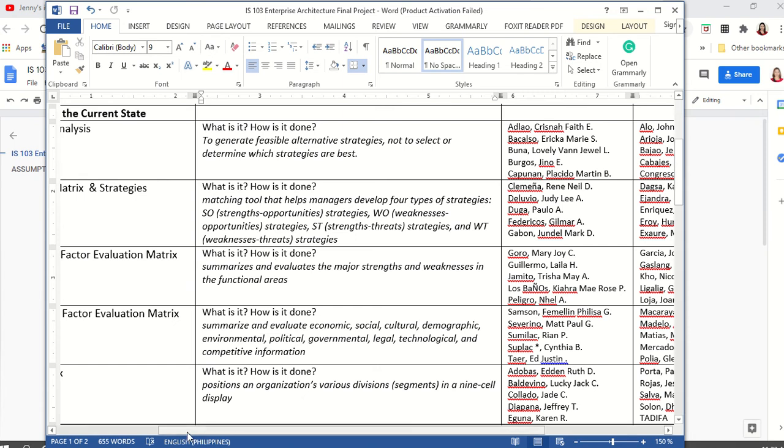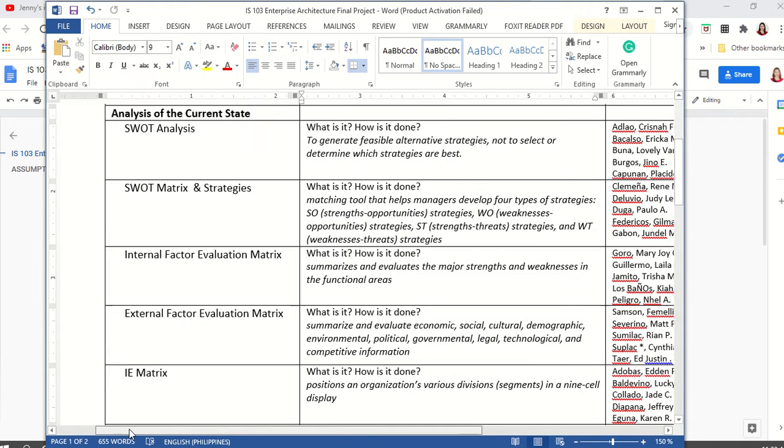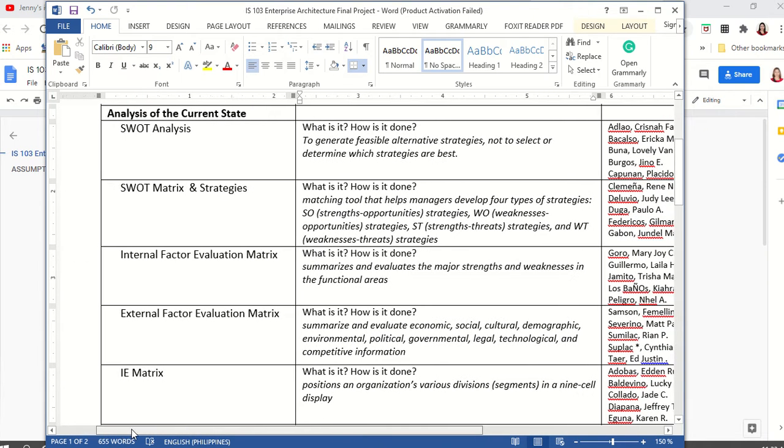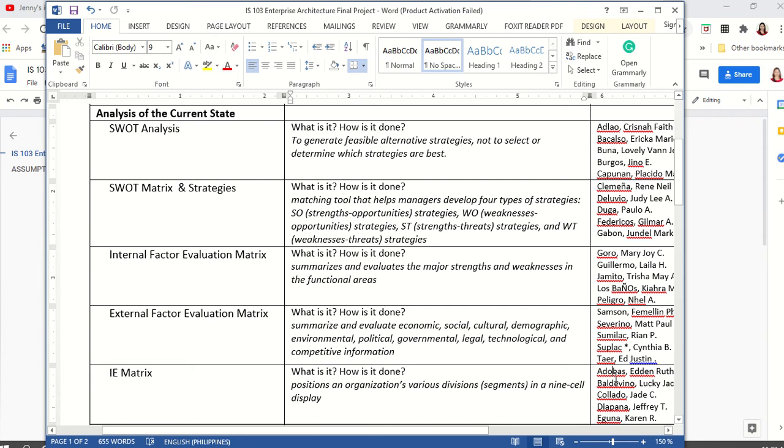So basically, these matrices are associated with each other, no? So the reporters here on the IE matrix should be mindful of the previous topics because the results are significant, especially these two. The results of these two matrices are utilized in our IE matrix.